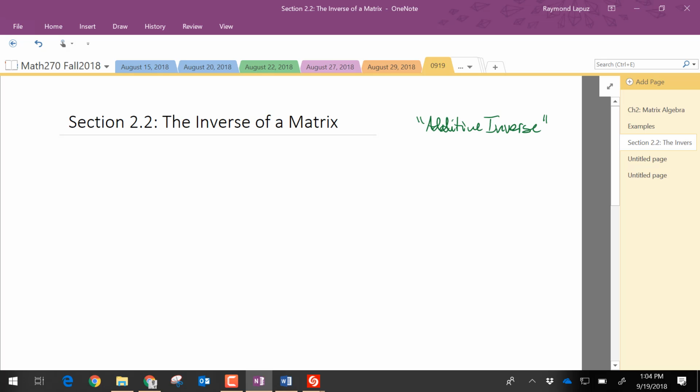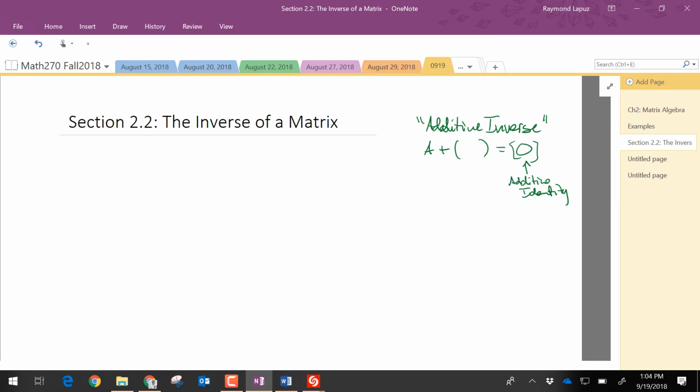Additive inverse is something that you add to a matrix to get what they're calling the additive identity. And the additive identity for matrices, just like real numbers, is 0, but it's the 0 matrix.